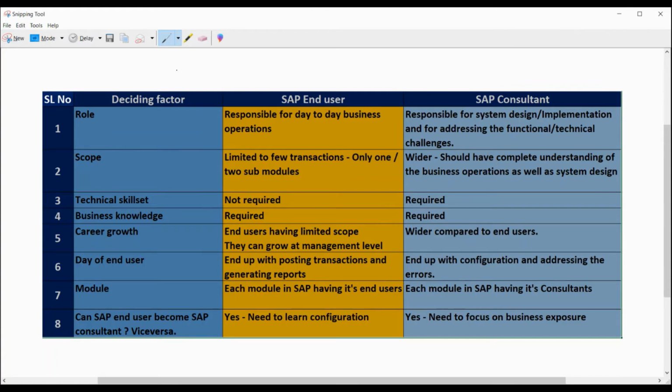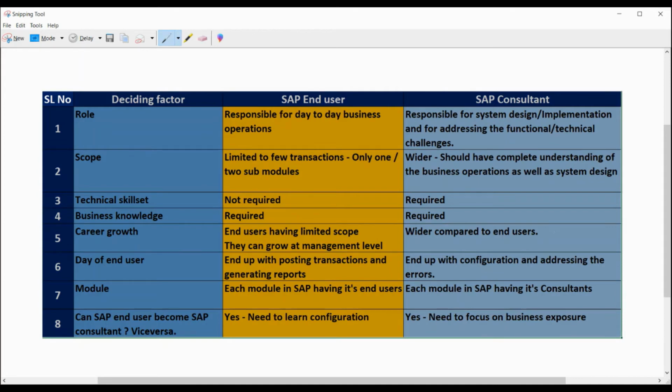If you are going for SAP consultant, the career growth is wider compared to end user. Why? Because he can start exploring. If he is able to provide solutions as per the business requirement, if he has technical or functional capability, the growth is wider. There may be different opinions, but in my view, the scope and growth for a consultant is wider.